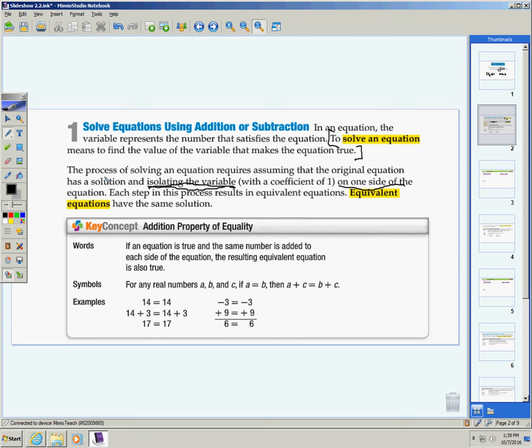And we're going to be using equivalent equations to always make sure we go through these problems the right way. We've got all these properties of equalities. I could go through and talk about the addition property of equality, which says that if I add something to two numbers that are the same, they're also going to be the same.